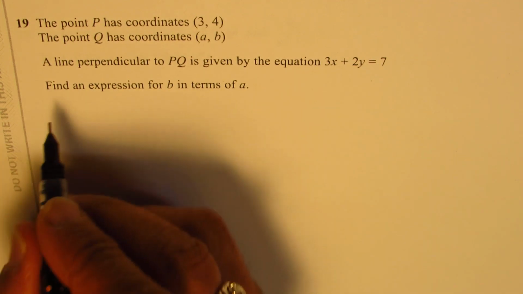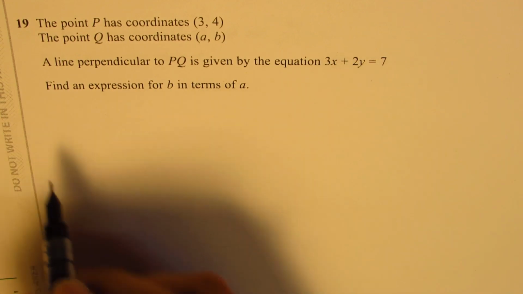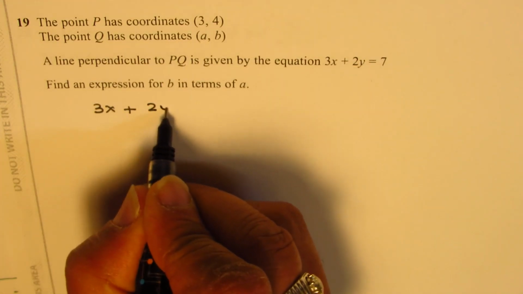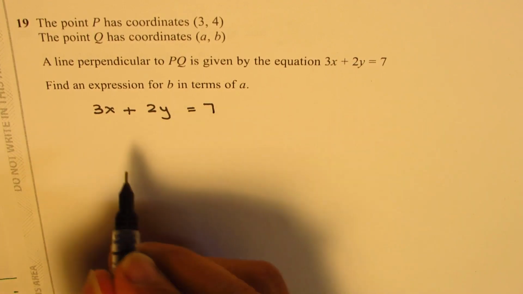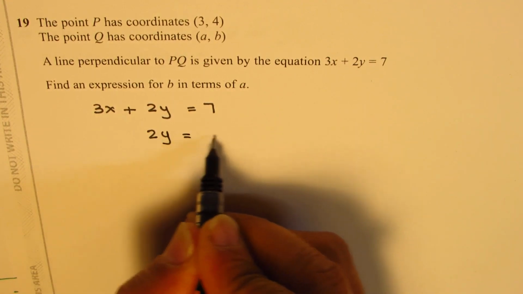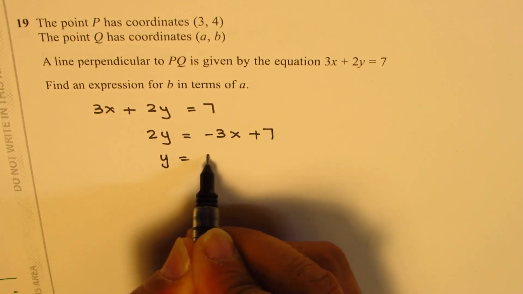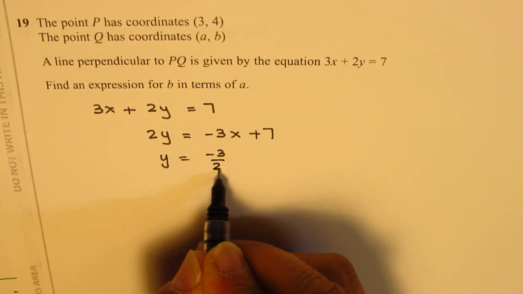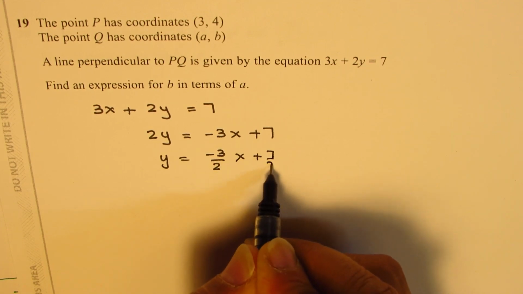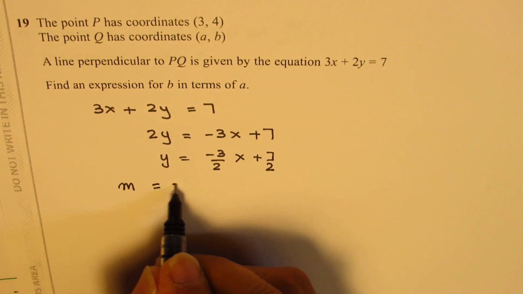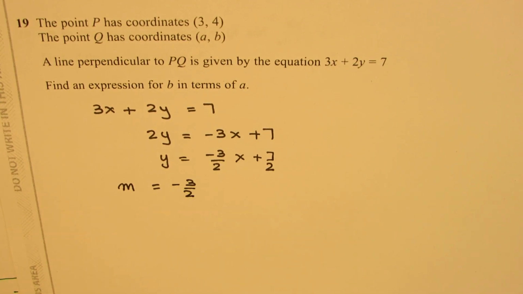So first let's find the slope from the given line. So the line is 3x plus 2y equals 7. If we rearrange, we get 2y equals minus 3x plus 7, y equals minus 3 over 2 x plus 7 over 2. So from here, we get slope m equals minus 3 over 2, correct?